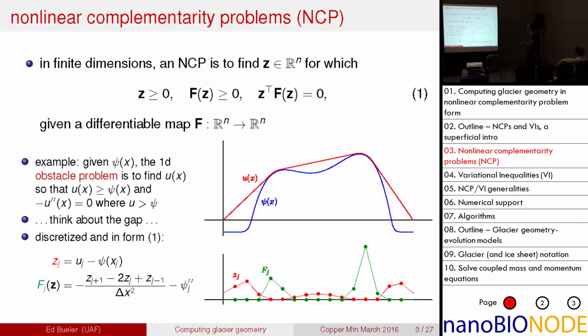And this is one of the forms in which to think about that. And if you think about the gap in particular, where there's a gap, the gap is positive. And in that case, the concavity of the gap is exactly equal to the concavity, because you're solving that, of the obstacle. Whereas where it's in contact, the concavity should be one-sided.